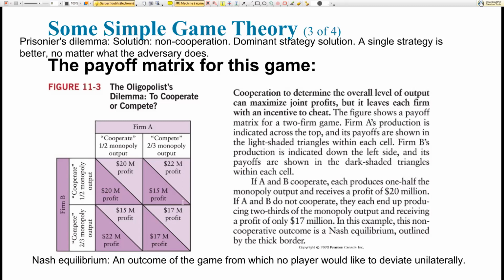Well, here we know for a fact that compete is not Pareto efficient, because it's possible to make firm A better off by having firm A get 20 without making firm B worse off, because in fact firm B would be better off too with 20. So this would be a preferable outcome to this one. And actually, this would be Pareto efficient.